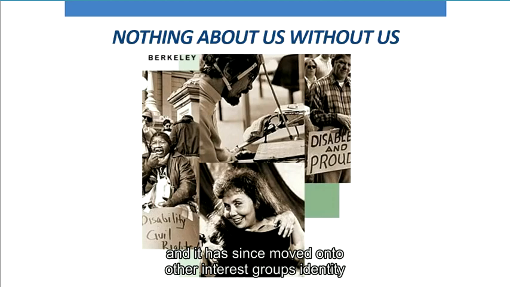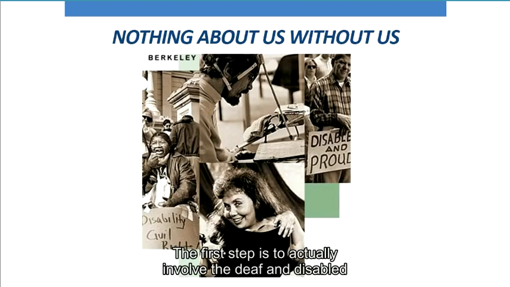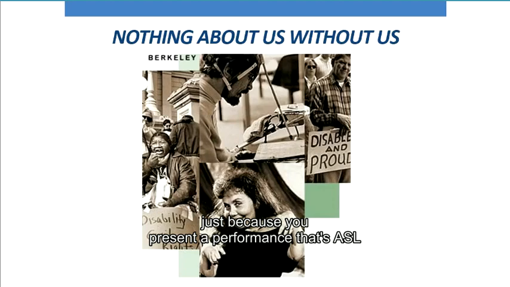But what it really means is to go to the source. The first step is to actually involve the deaf and disabled community, because again, if you're not doing the groundwork, just because you present a performance that's ASL interpreted or audio described, the effort is going to fall flat.